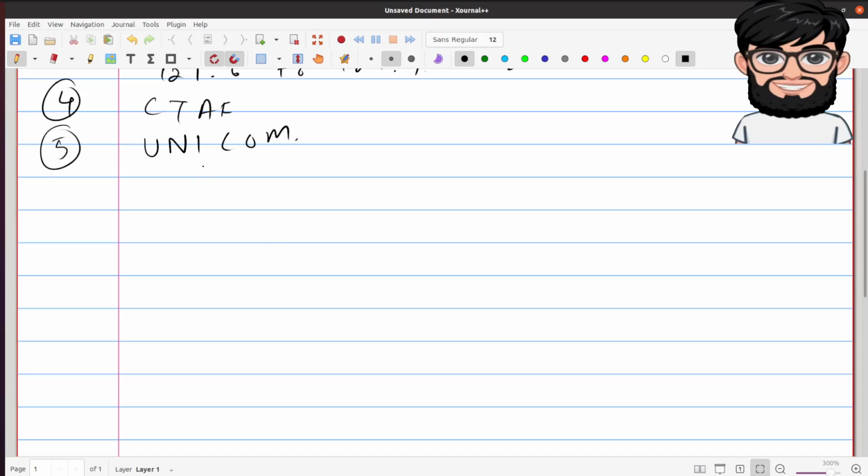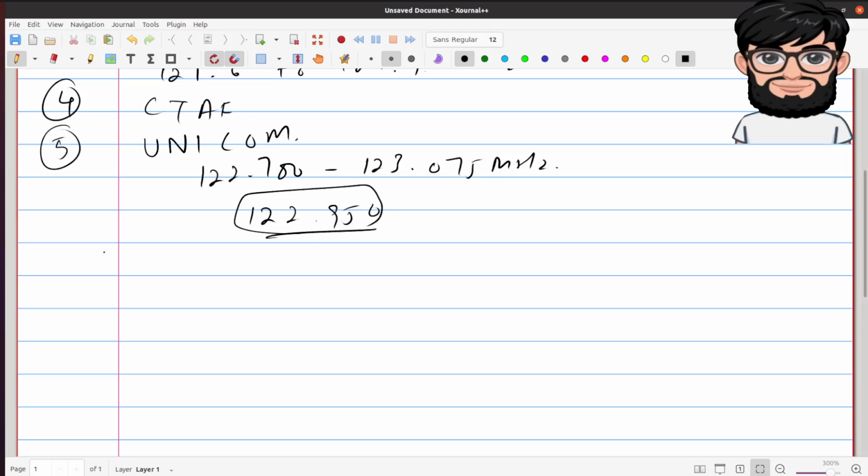So basically they have 122.700 to 123.075 megahertz. But the airports with a control tower or an FSS on the airport will normally use 122.950 for the Unicom.